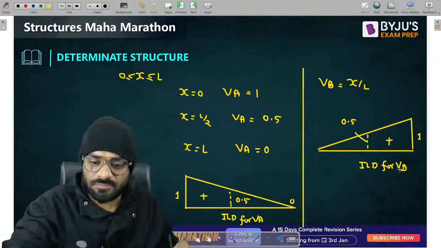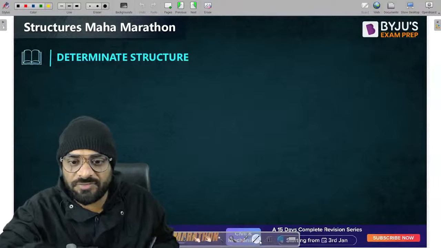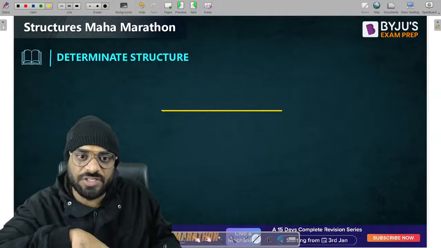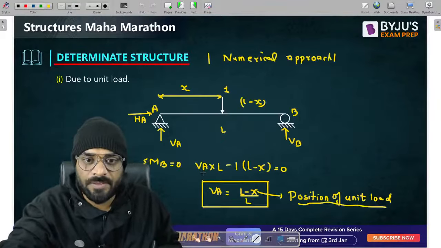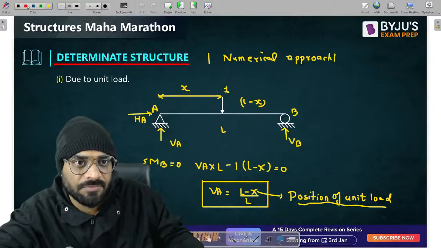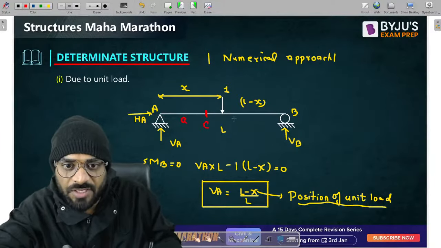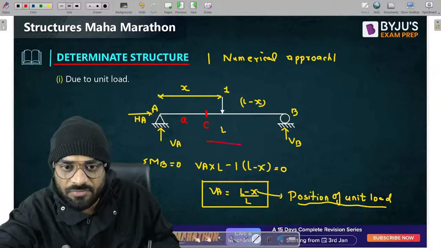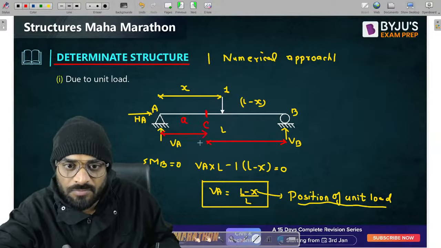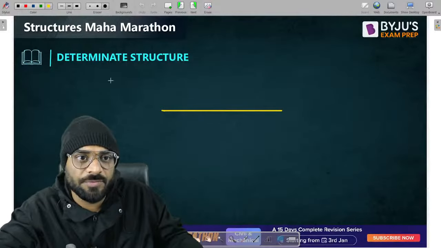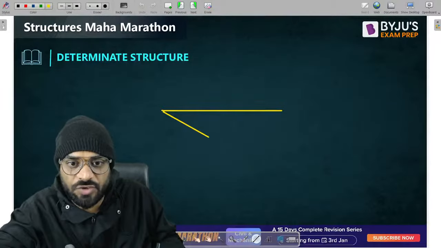Okay. Now what is the ILD for shear force at C? Let us suppose we take a section C at a distance of A from support A and at a distance of B from support B. This is A, this is B. So our ILD for shear force at C should be like this.